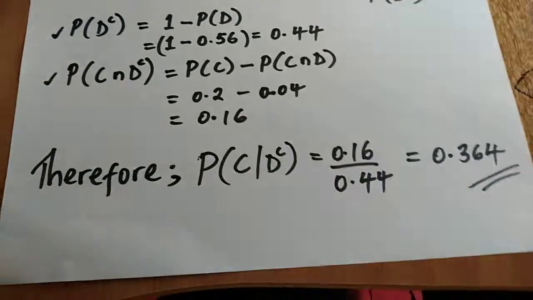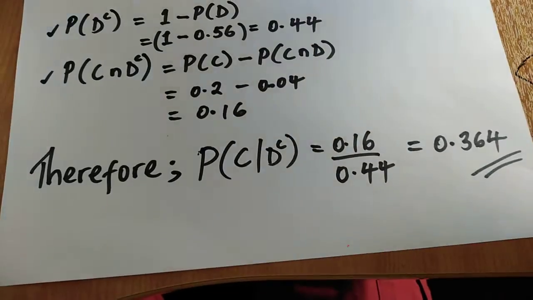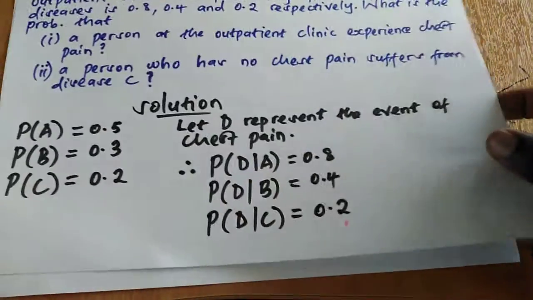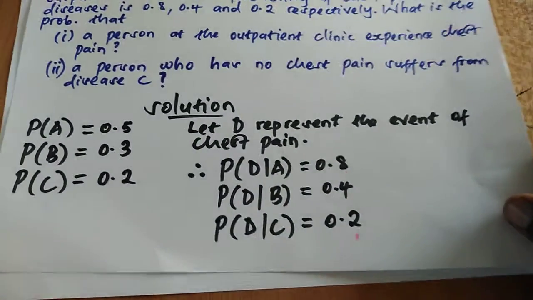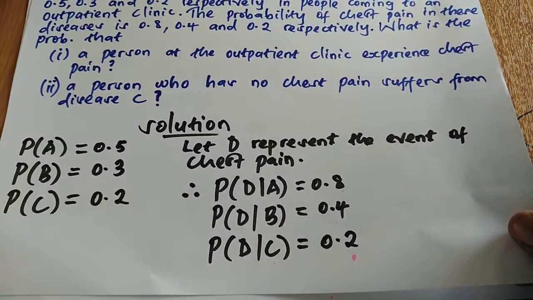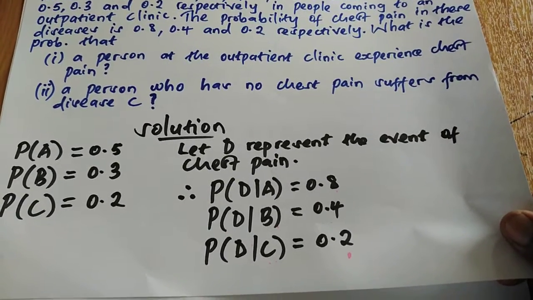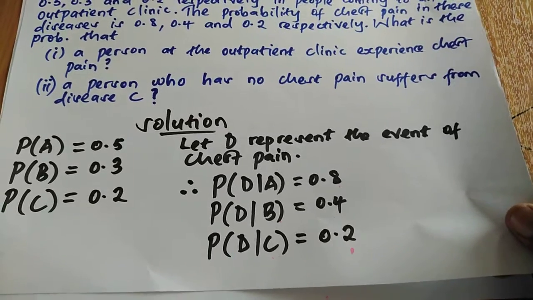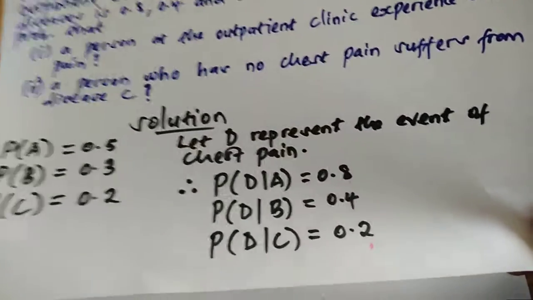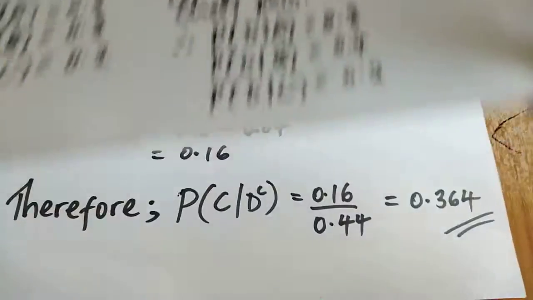The second part of the question asked us to find the probability that a person who has no chest pain suffers from disease C. What is the probability that a person suffers from disease C given that they have no chest pain?